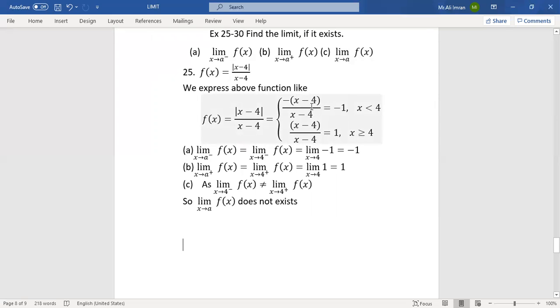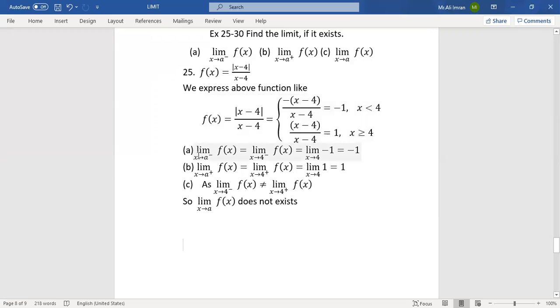And cancelling this out, we will have in the simplified form minus 1 for this function. The other branch of this function will be plus (x minus 4) divided by x minus 4, and if you cancel out this factor, we will have 1 for x greater than 4.